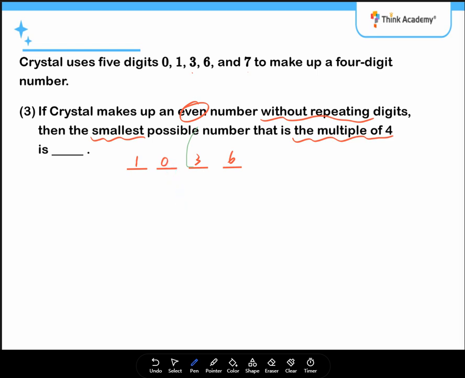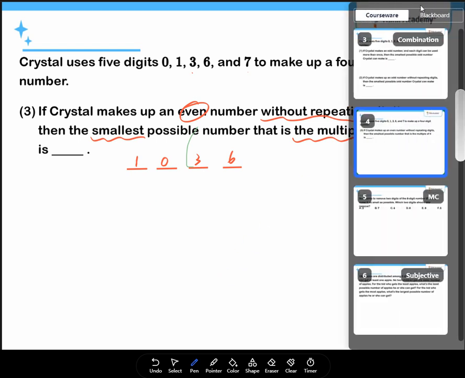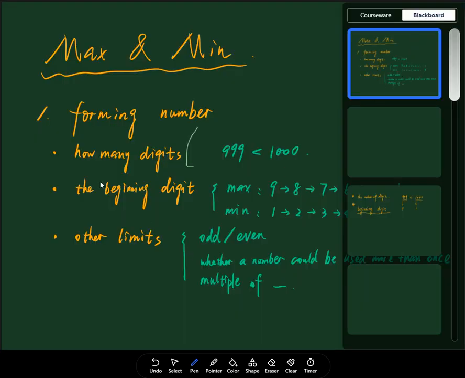But luckily this time, we got the correct answer. Okay, pretty good. So that's how we do it. Just remember, we take those things into consideration and we always start with the limits.